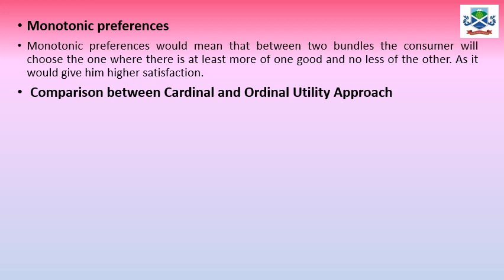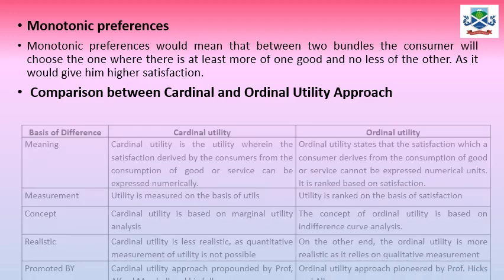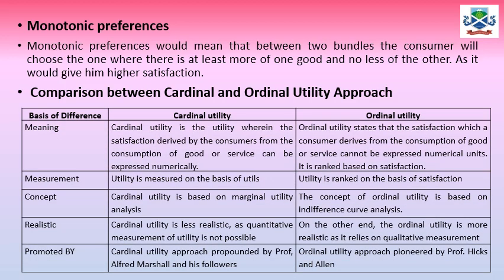So now, finally, we'll discuss the two approaches we have learned: cardinal and ordinal utilities. What is the difference between cardinal utility and ordinal utility? Under cardinal utility, the utility derived by the consumer from the consumption of goods or services can be expressed numerically.